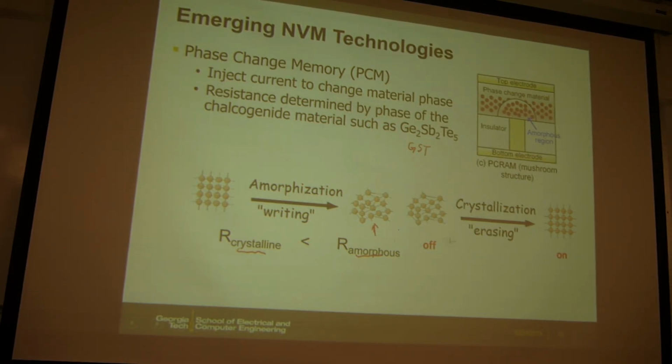And this is the GST-based phase change memory, and the mechanism is to change the phase from crystalline to amorphous. And if you want to change from amorphous to crystalline, then what you do is apply a lower temperature, but for a long time. So basically, you recrystallize the material.